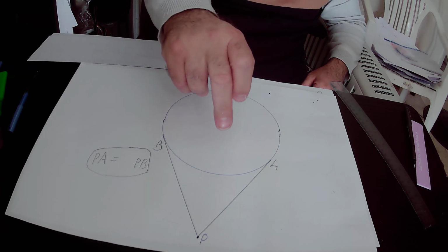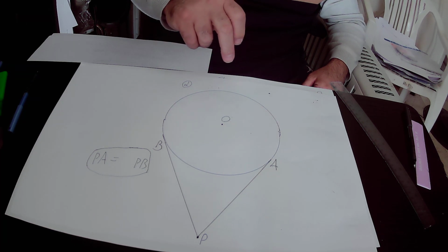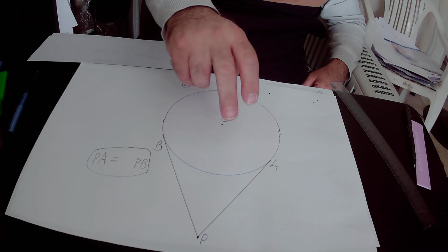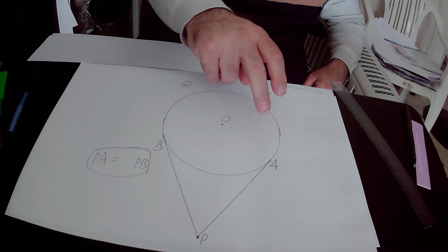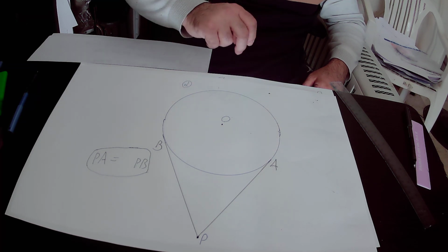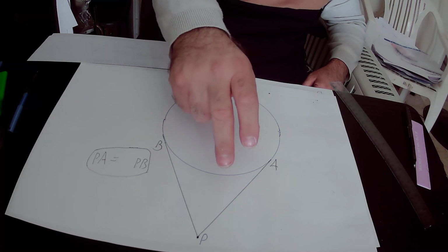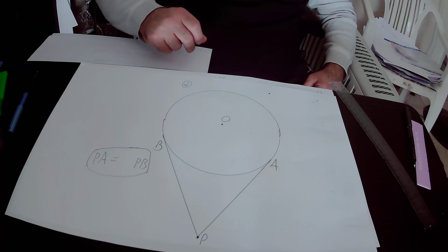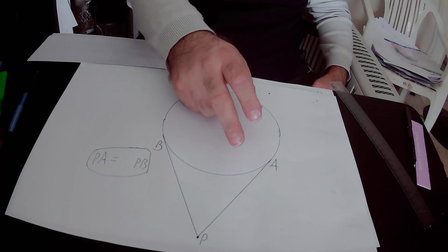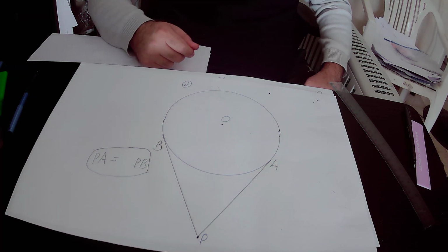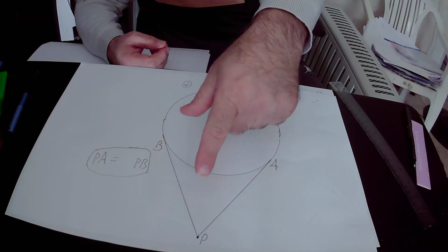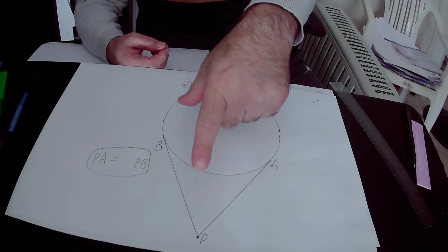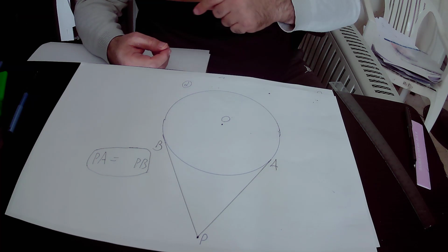So from point P, if we draw two tangents to this blue circle, the first tangent will be PA, and the length of the first tangent is PA. The second tangent, and the length of the second tangent is PB.